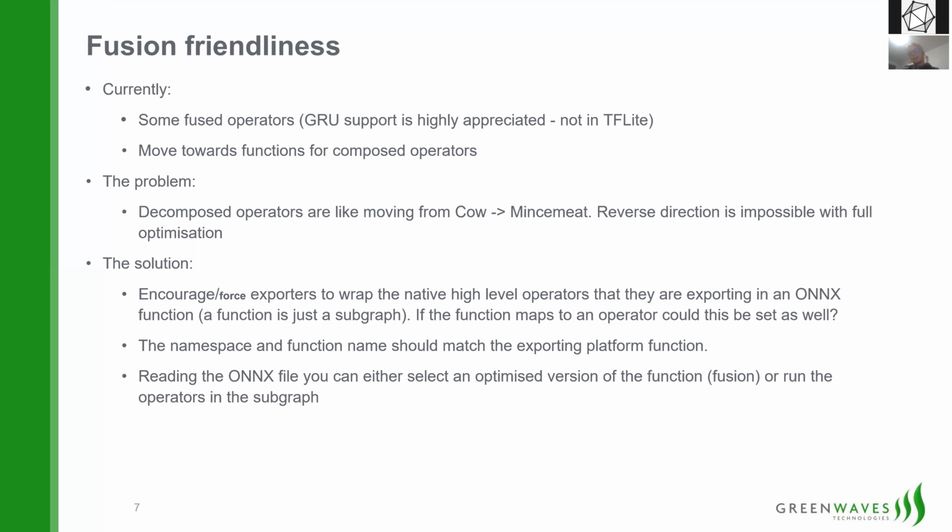This would allow us to say, okay, we have a good fused version of that operator, we can map straight onto that. Let's not look at the subgraph. Or if we decide, hey, we don't know how to handle that, then go into the subgraph and start lowering inside that subgraph. So those are the 2 points that I really wanted to make.